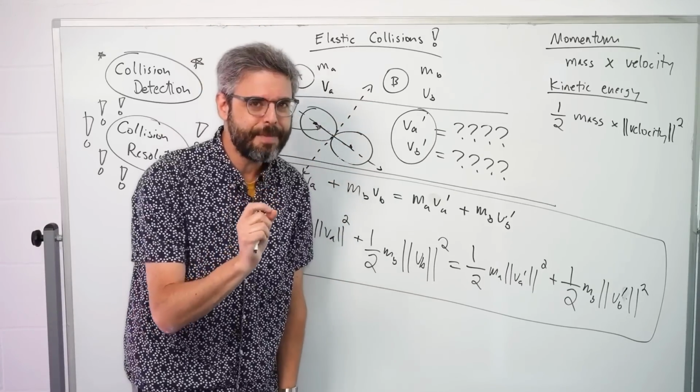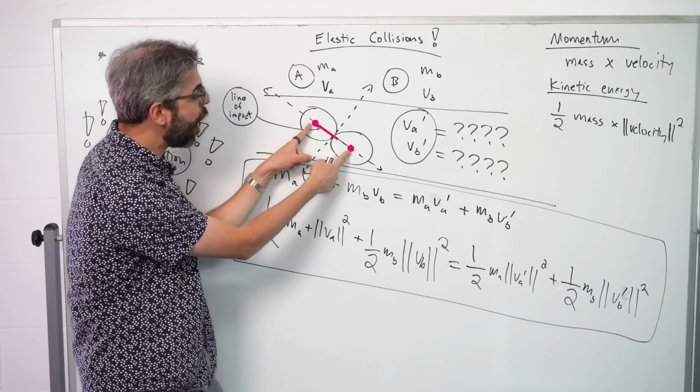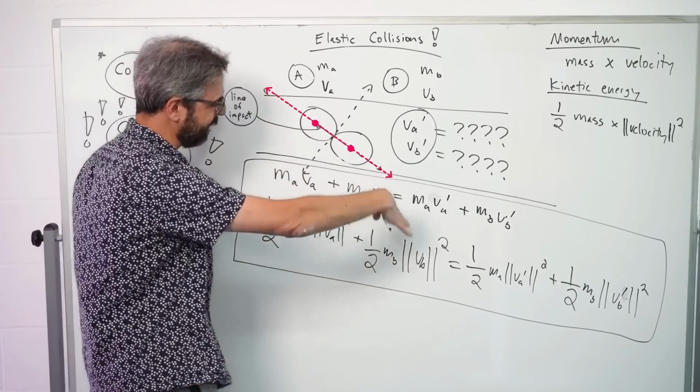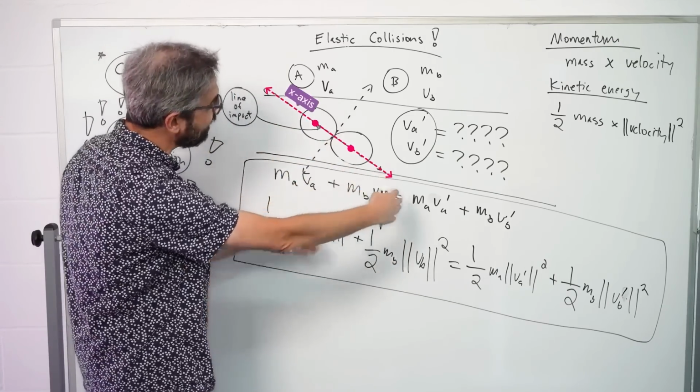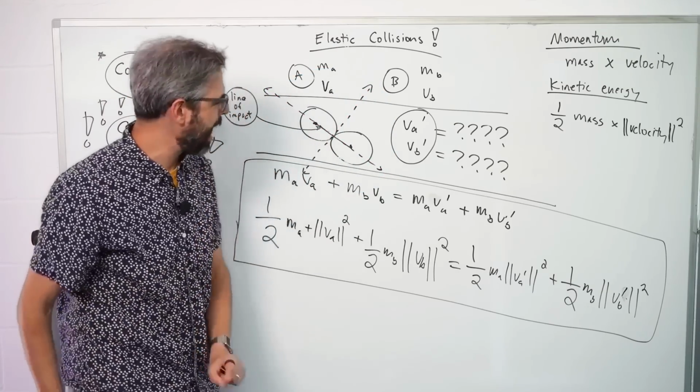The line of impact is a vector or line that connects the centers of both particles. In this case, it becomes an axis. You can think of it as the horizontal axis of a new coordinate system. So why is this line of impact important?